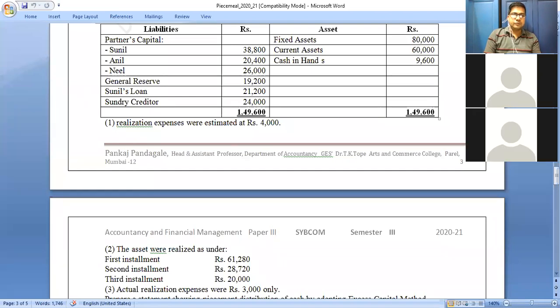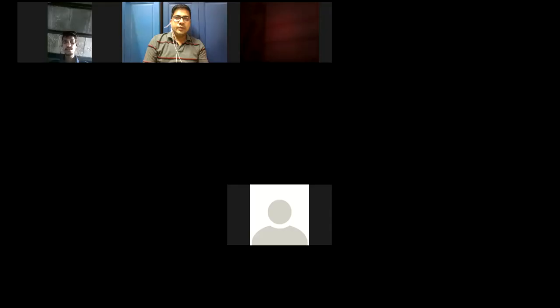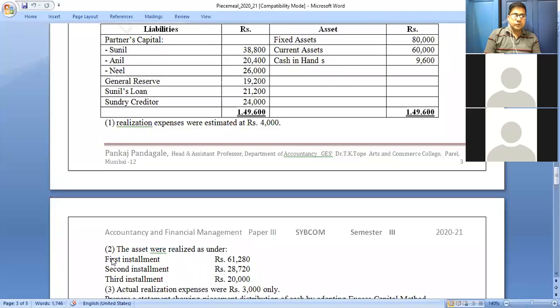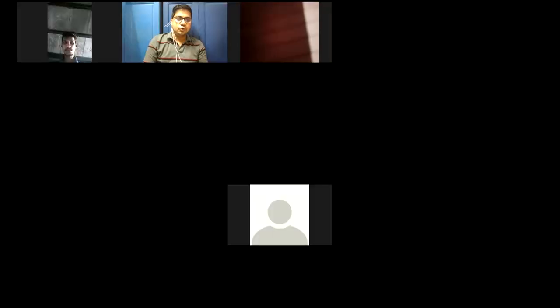But before that, we have to write here whatever amount of realization value. The first installment received after the sale of the assets is rupees 61,280.